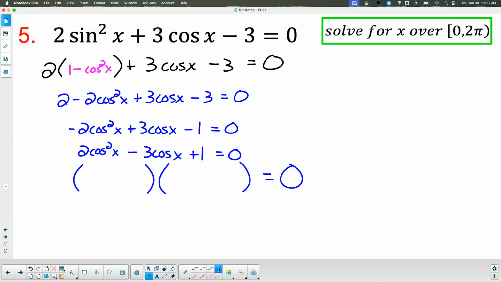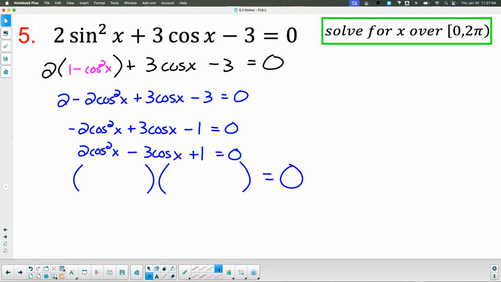GCF is factoring, right? And then after that, we look at the difference of perfect squares, that's factoring. Then we look at the sum or difference of cubes, that's factoring. Then if it's a trinomial, we do this. If it's 4 or more terms, we go by grouping. Yeah, there's different layers of factoring.